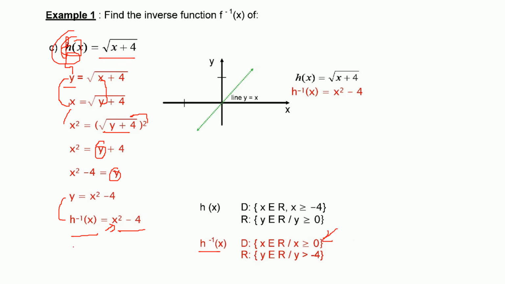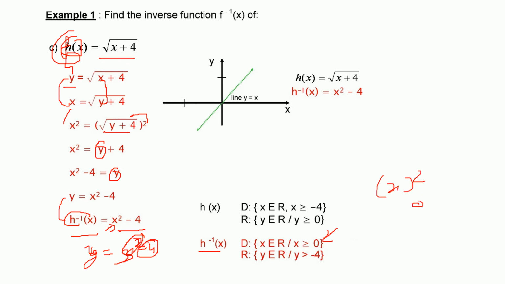But when you say y equal to x square minus 4, then y should be greater than or equal to minus 4. Even if x is 0, because we have taken the domain as greater than or equal to 0, this is going to be greater than or equal to minus 4, because the minimum value of x squared is 0.